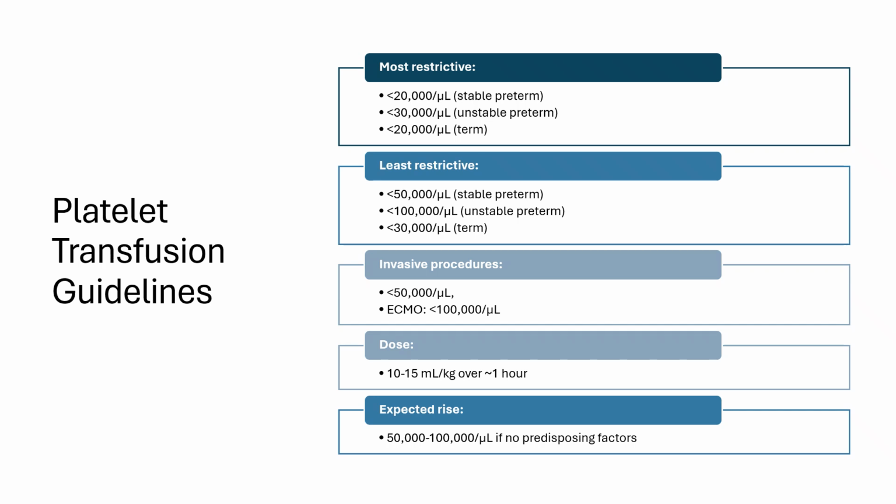ECMO patients need higher counts, typically above 100,000 per microliter, due to bleeding risk from anticoagulation and circuit-related platelet consumption. Standard dosing involves 10 to 15 milliliters per kilogram administered over approximately 1 hour, typically raising platelet counts by 50,000 to 100,000 per microliter in the absence of ongoing consumption or destruction.